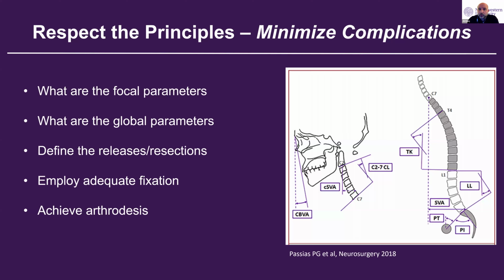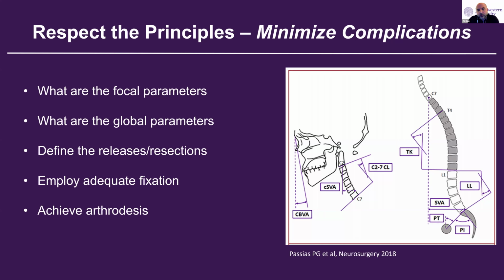Specifically, what are the focal parameters? What are we achieving focally in terms of decompression, in terms of realignment? But also, what are the global parameters? How does changing the alignment in the cervical spine or in the cervical thoracic junction, for example, affect the rest of the spine? This is very important when it comes to the occipital cervical region, which I will discuss later in the last couple of slides here.